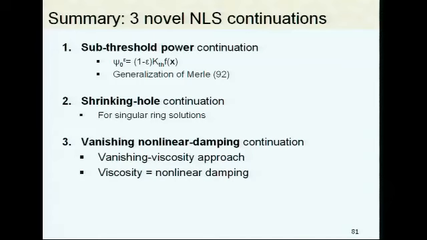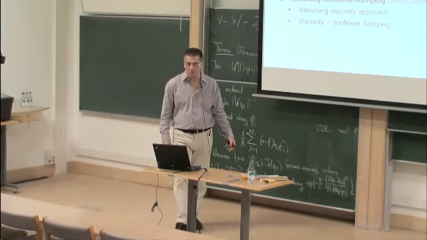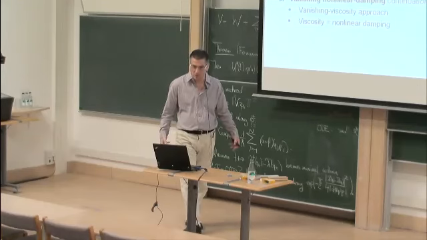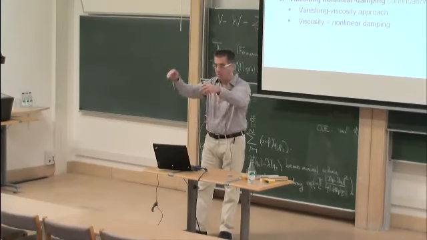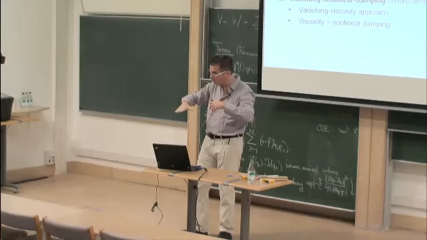So in summary, what I presented today are 3 possible continuations of NLS solution beyond the singularity. The first one was based on the idea of Merle. It's a generalization of Merle approach. You take the power just below the threshold for collapse and approach from below.